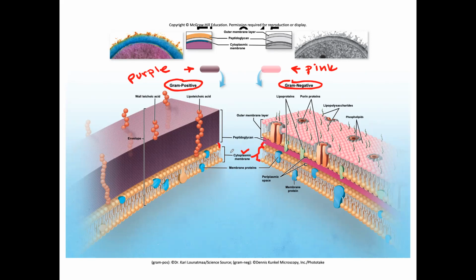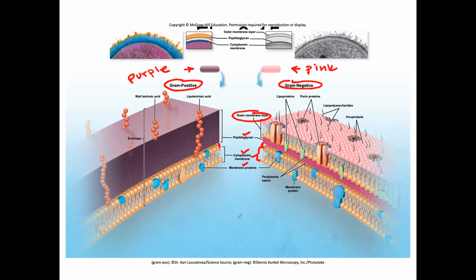And then the peptidoglycan layer in gram-positives is very thick, whereas in the gram-negatives, it's very thin. And then this extra membrane is only seen in the gram-negative bacteria. So that is a unique feature of gram-negatives.